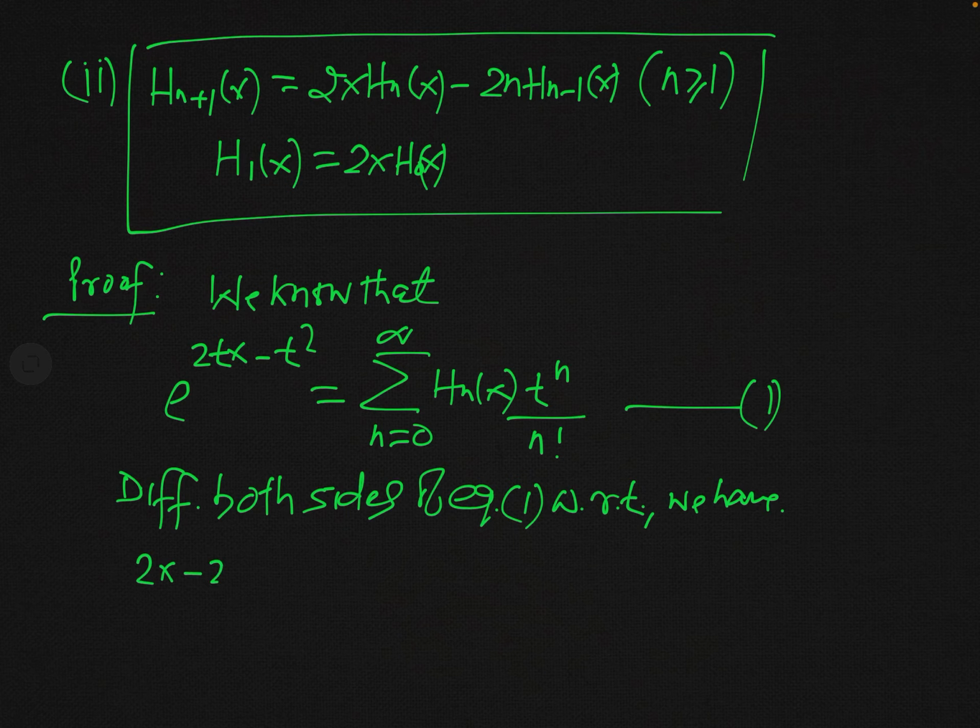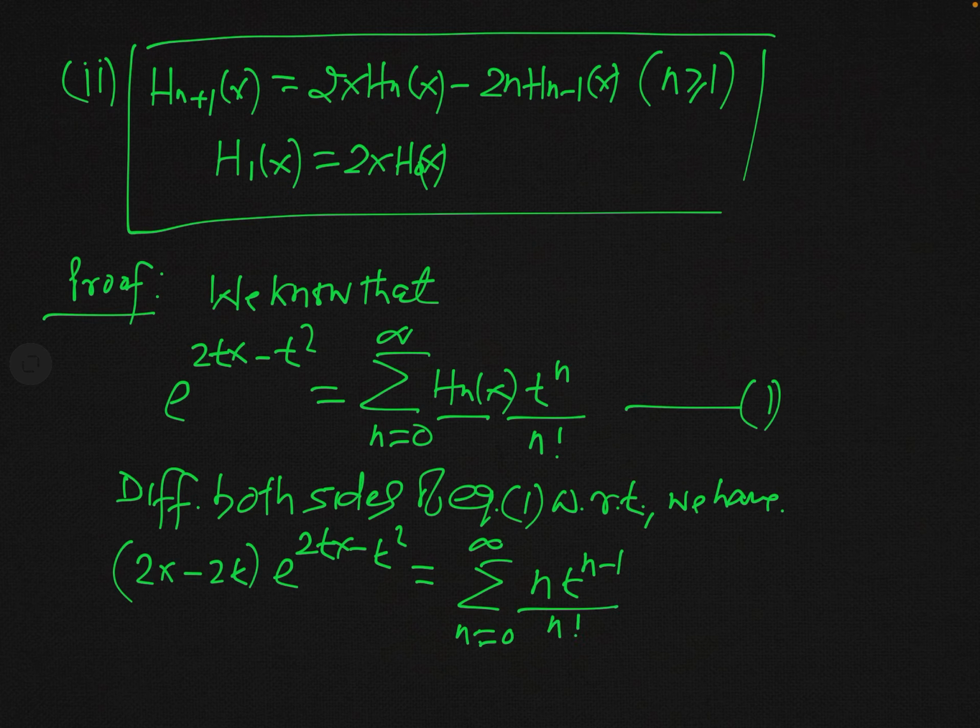2x minus 2t times e raised to the power 2tx minus t square, and this is equal to summation n 0 to infinity, and here hn of x will be treated as constant, n factorial is already constant, only t raised to the power n will be differentiated, and derivative of t raised to the power n with respect to t will be simply n into t raised to the power n minus 1 over n factorial, and hn of x will remain as it is.